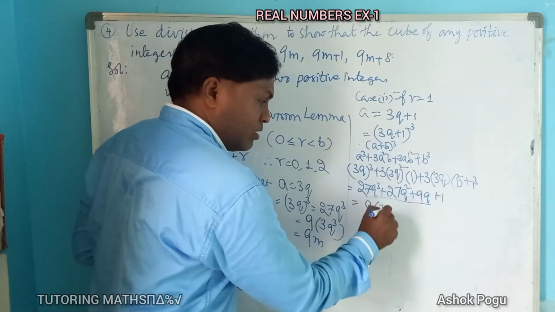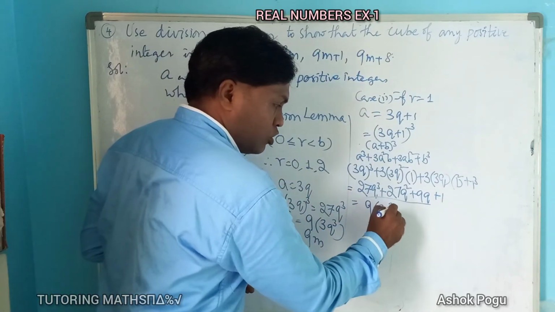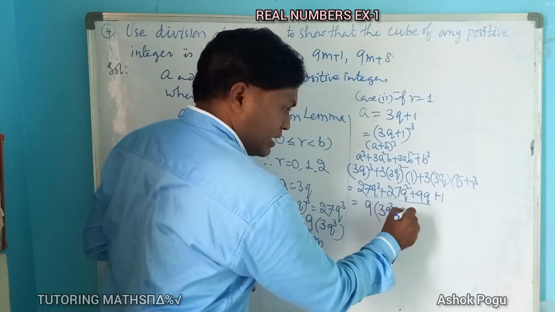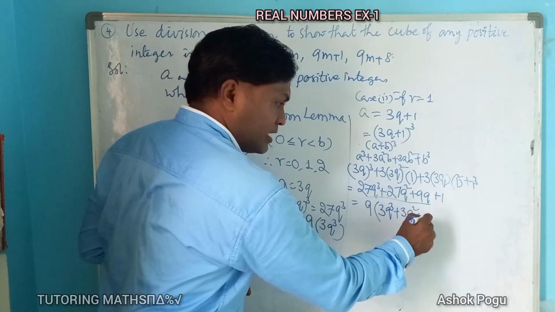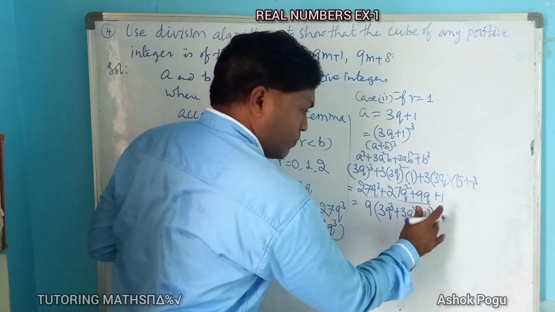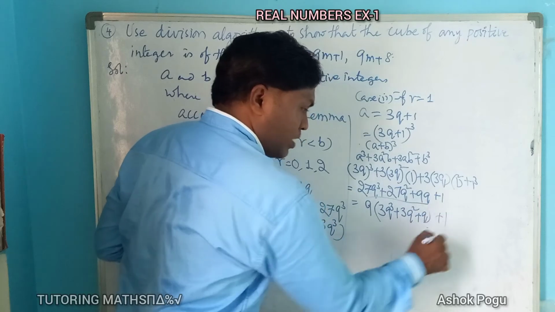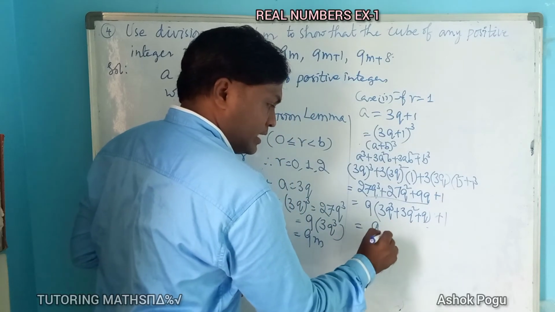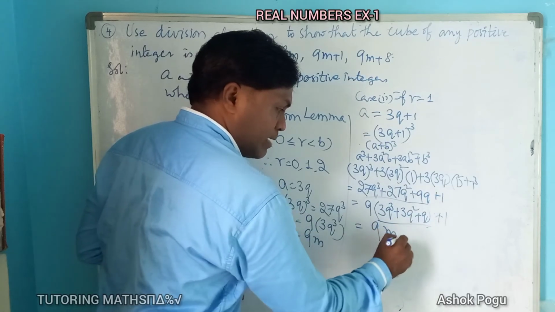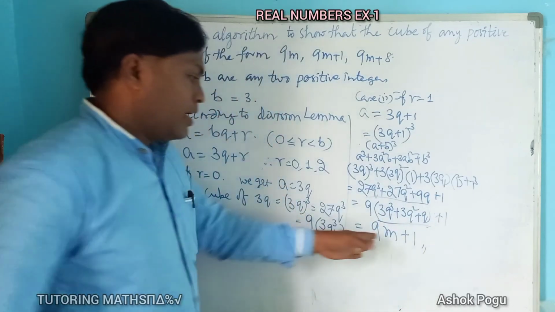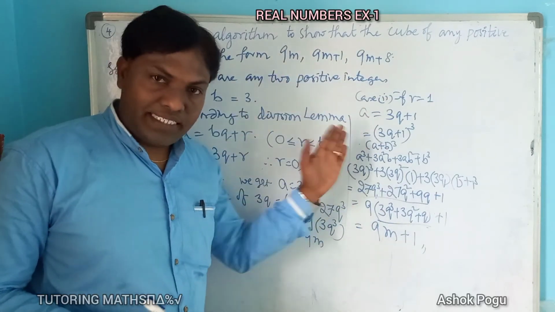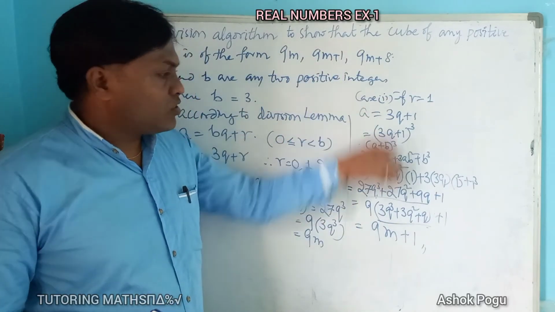We get 9 times 27q cube, 9 threes are 27 exactly, 3q square, and 9 ones are 9, so you get only q, plus 1. Now this is 9 into this whole bracketed term, which you can take as m, plus 1. Hence it is in the form of 9m plus 1 exactly. So the second case also is finished.